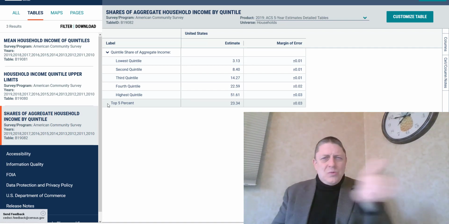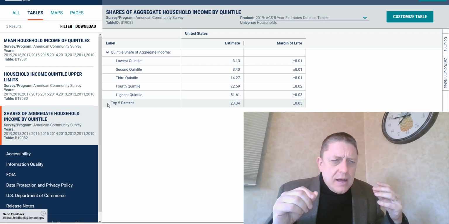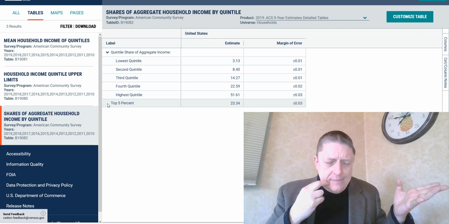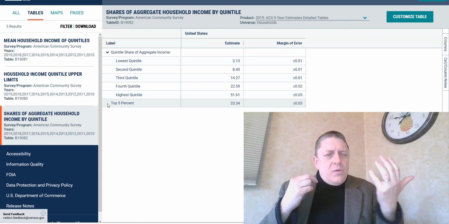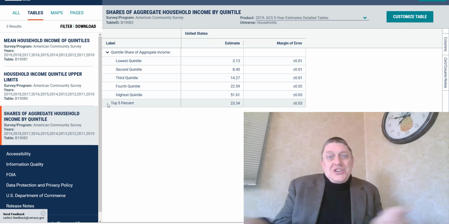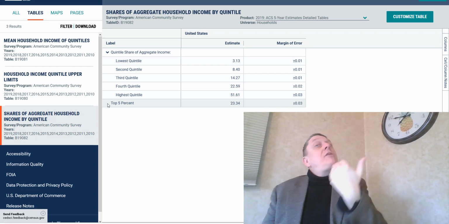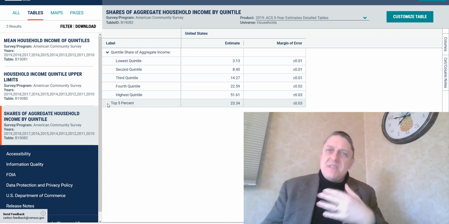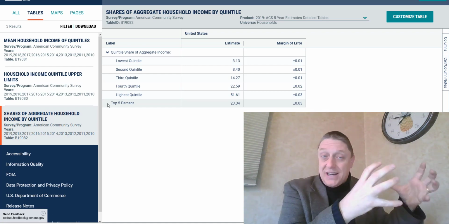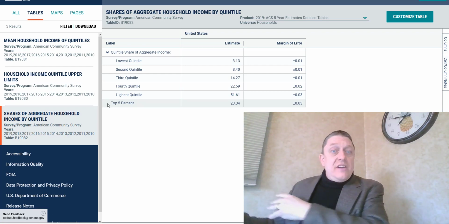In such an ideal world, and I mean ideal in terms of ideal types, not necessarily morally ideal, for every percent of the US population you would have 1% of income. The top 5% would have 5% of income. The top 20%, the highest quintile, would have 20% of income, and so would every other quintile.